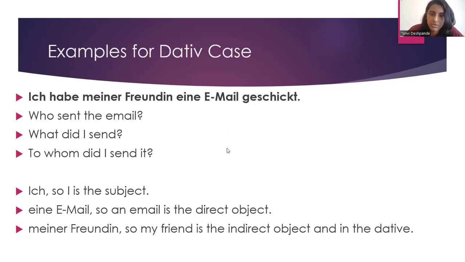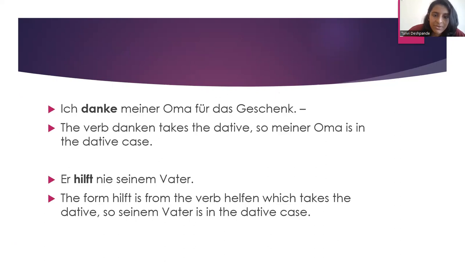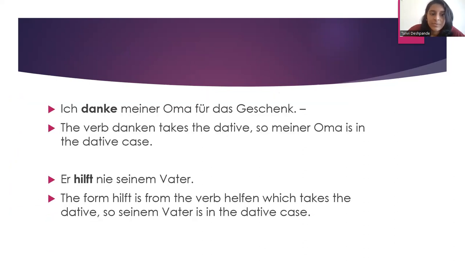We will see what we have next. There are several verbs that are always used with dative. Here I've given some which are frequently used. Danken, to thank, folgen, to follow, glauben, to believe, and helfen, to help. Ich danke meiner Oma. Here danke is used.